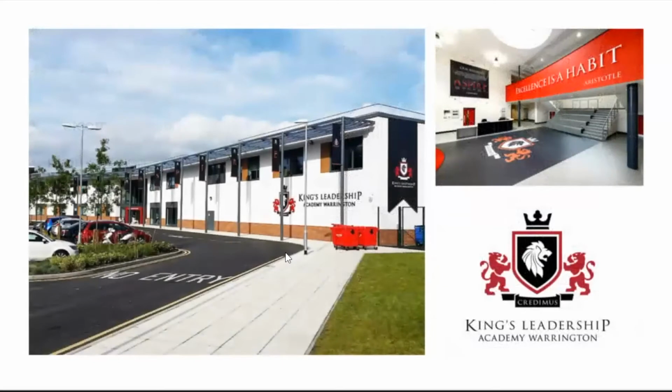In terms of a little bit about the King's Leadership Academy in Warrington's journey, and how that journey has filtered out into the wider trust over the last 6 months.